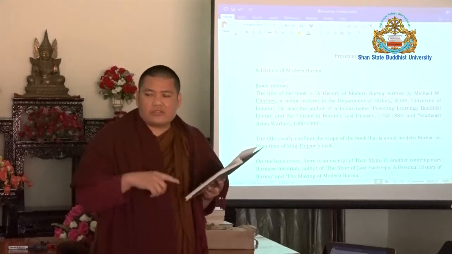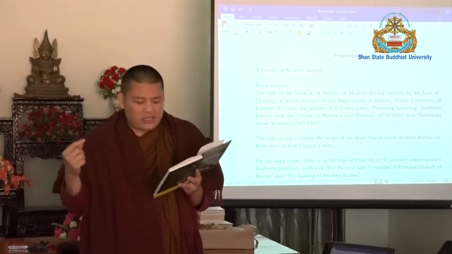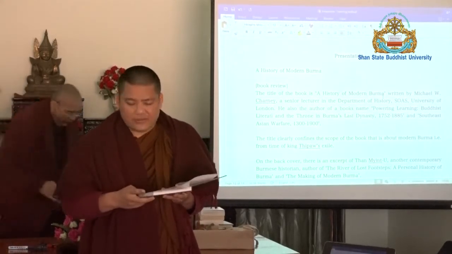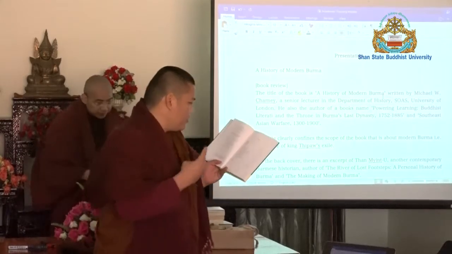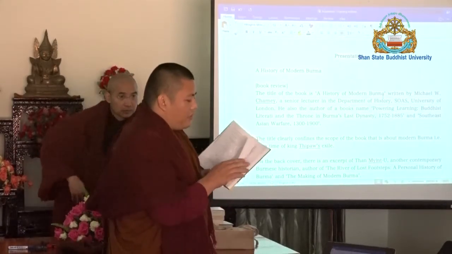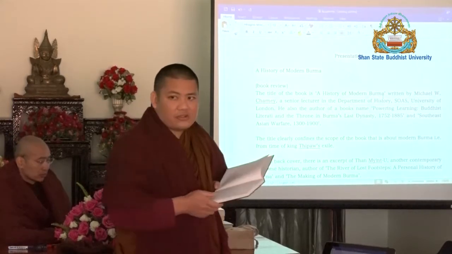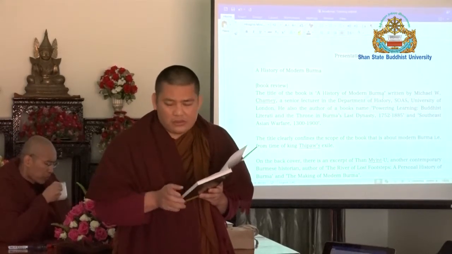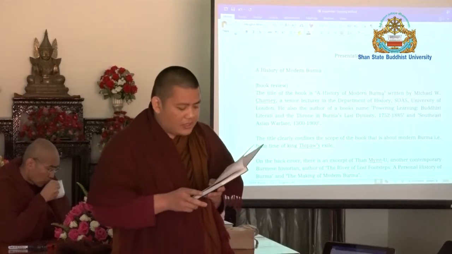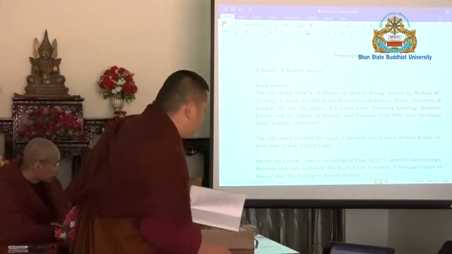From that on to 2008 are the last 2 chapters. I have read only 2 chapters in this book, about 45 pages. But what I'm going to present here is a bit of the first chapter, Burma under colonial rule.